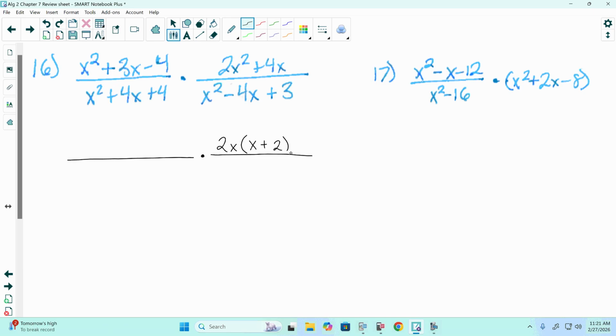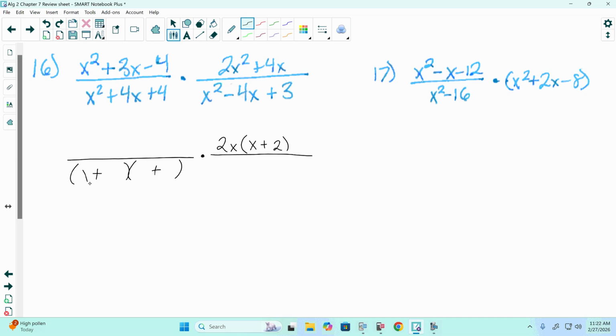Well, let's look at the first denominator, x squared plus 4x plus 4. x squared, 4x, and 4 does not have a greatest common factor. There's not a number or variable that goes into all 3. Since the third term is positive, our signs are the same and match the sign of the middle term, so we have plus and plus.